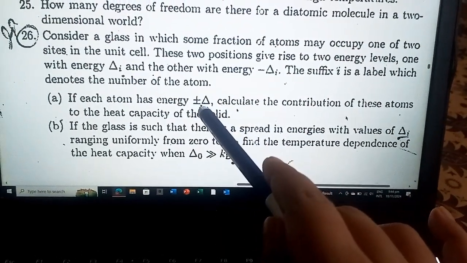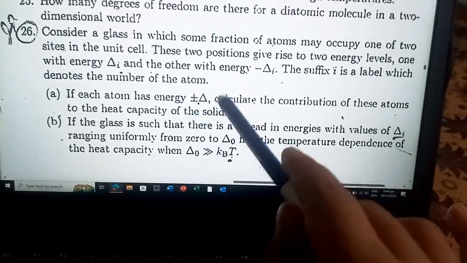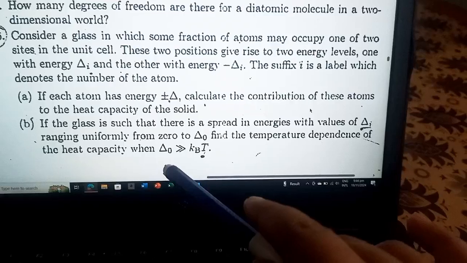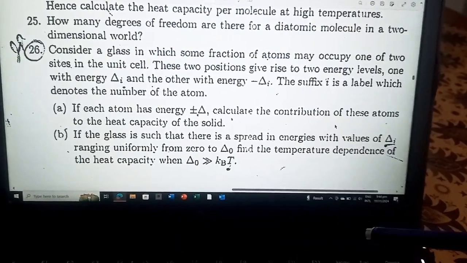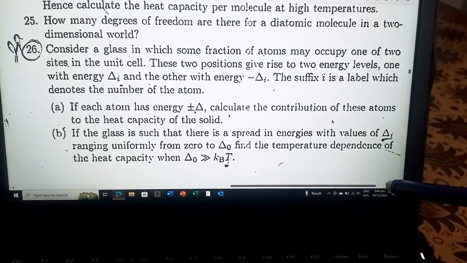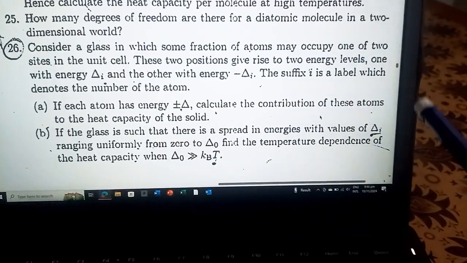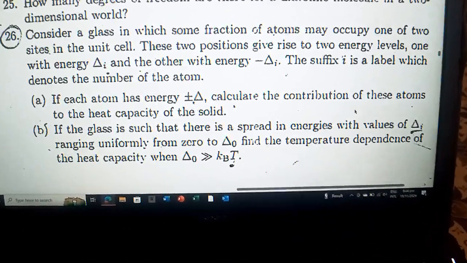In the first case we have discrete values, and in the second case we have the spread in energies. So that's the difference, and I hope we have understood the problem, and understanding the problem is half the solution. I hope you all have that map in your mind of how you are going to get to the solution. So let's quickly get started now with the solution.